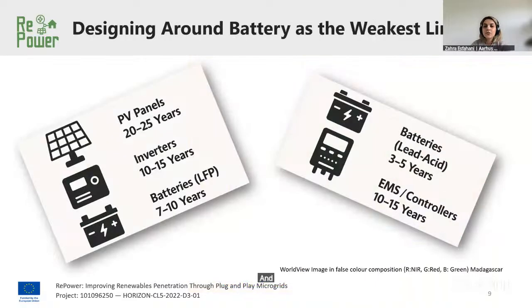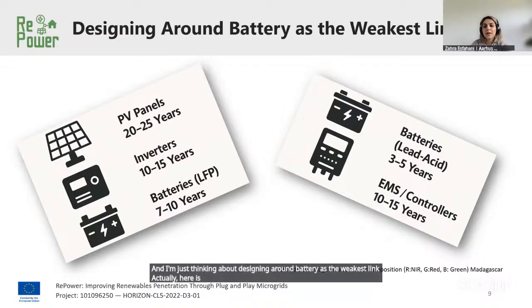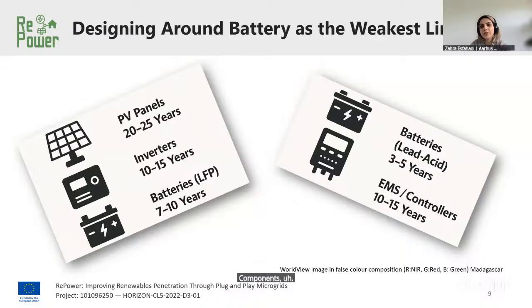And this is actually a main point that I would like to raise: designing around the battery as the weakest link. Here is where modeling plays a critical role. These are just rough numbers for the lifetime, which I brought for comparison between different components in a microgrid.